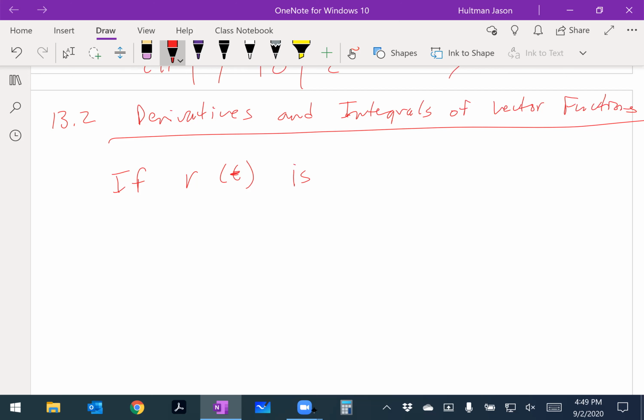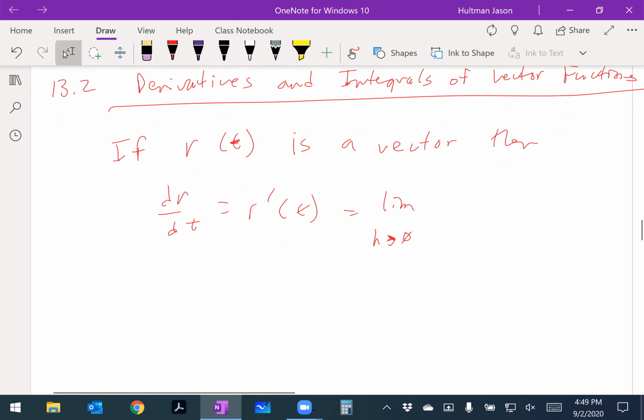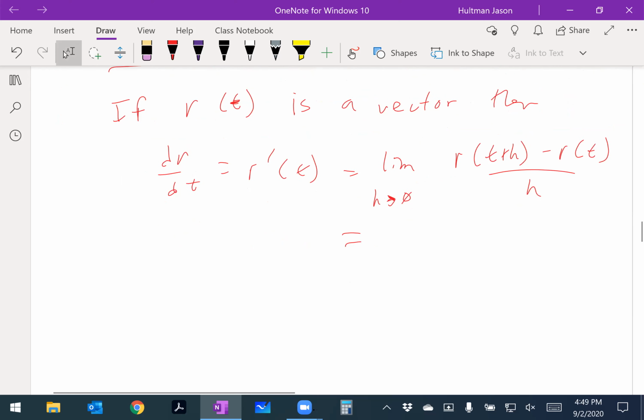If r of t is a vector, then dr dt, the derivative of this thing, equals r prime of t, which is equal to the limit as h goes to 0, the definition of derivative here, of r of t plus h minus r of t all over h. And this is called the tangent vector.